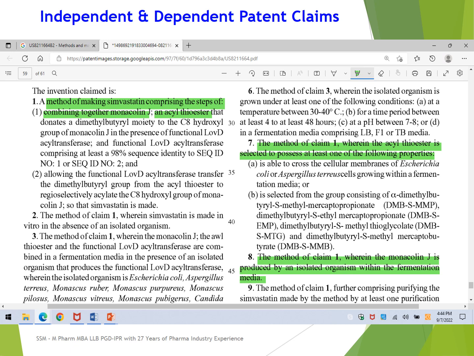They are covering this second chemical very broadly, but here they are narrowing its scope to two specific properties. So claim number 7, which is dependent on claim number 1, is narrower in scope than claim number 1, which is independent and broader in scope. The same is true of claim number 8, which is a dependent claim depending on claim number 1, the independent claim.